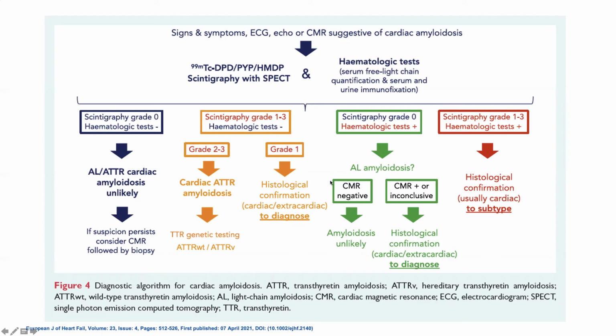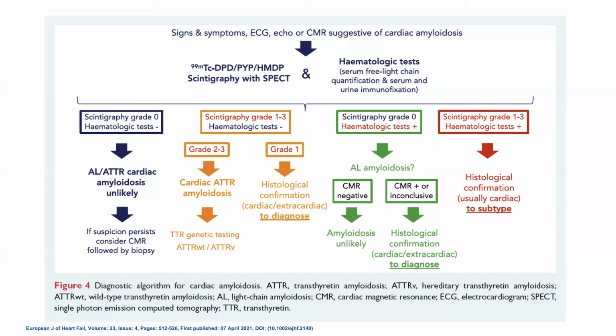But we also have a third scenario. Scintigraphy does not show cardiac uptake, and at least one of the monoclonal protein tests is abnormal. So AL amyloidosis has to be ruled out promptly, and CMR can be used to confirm cardiac involvement. If CMR findings do not support cardiac amyloidosis, the diagnosis is very unlikely.